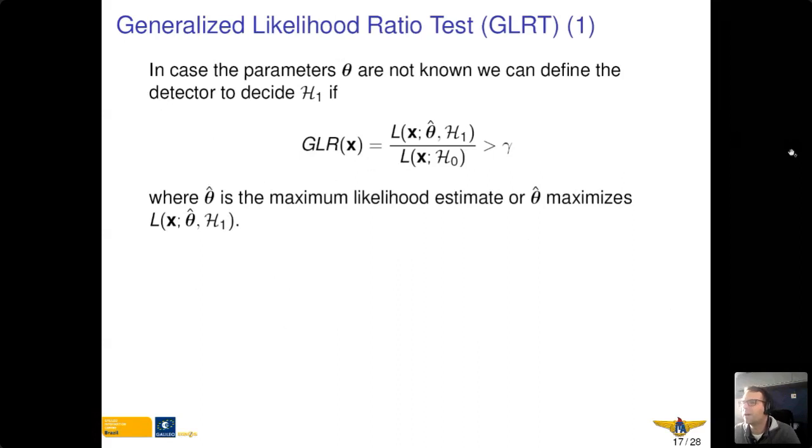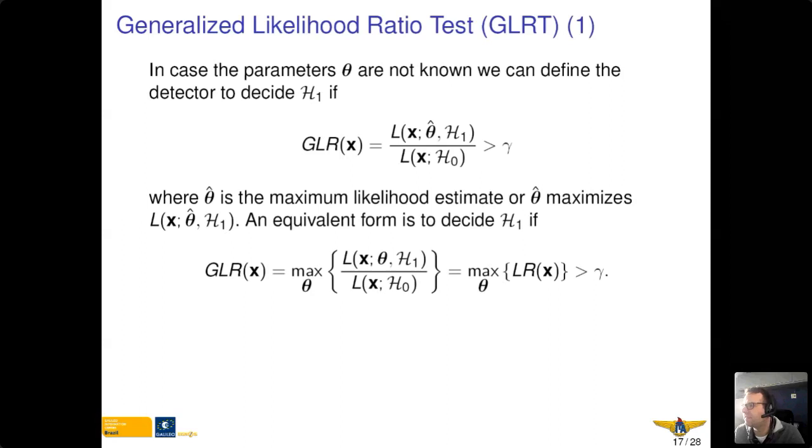Here theta hat is the maximum likelihood estimate, that is, theta hat maximizes the likelihood of x parameterized by theta for hypothesis 1. An equivalent form is to decide for hypothesis 1 if we maximize this ratio, the generalized likelihood ratio.